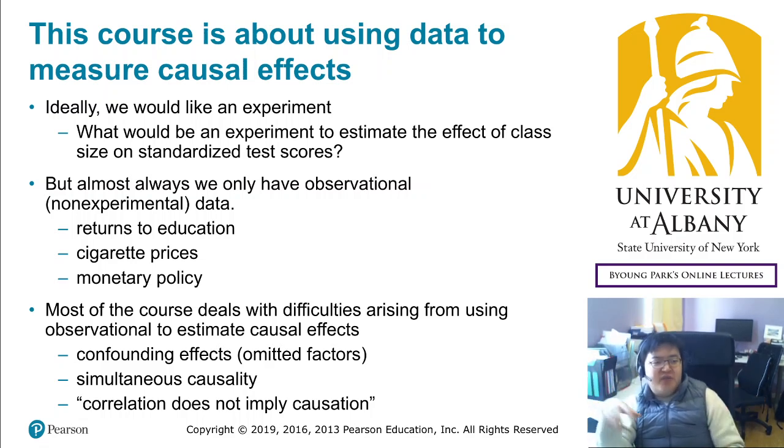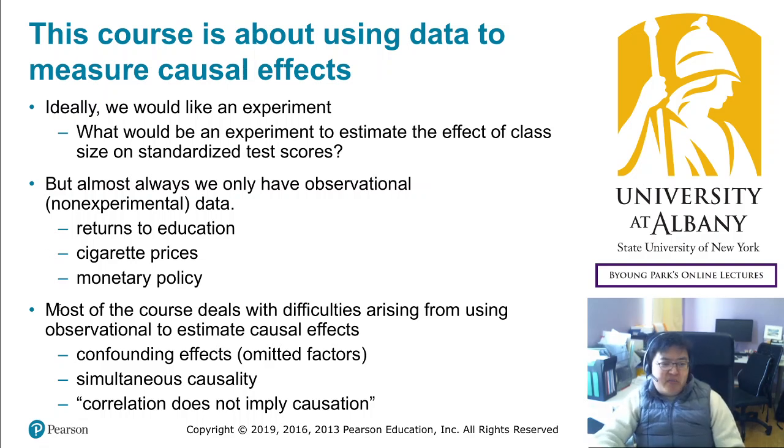In this course, I'm going to show you the basic models and basic methods to handle observational data and obtain some meaningful results. And I will also tell you the cautions, what you have to be careful about, the typical errors and typical bias problems you may encounter in handling observational data.